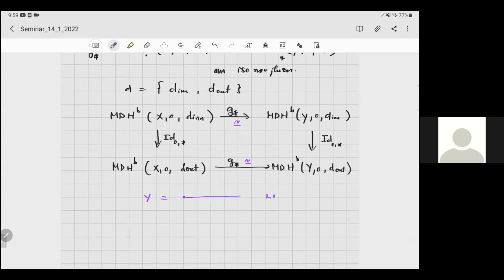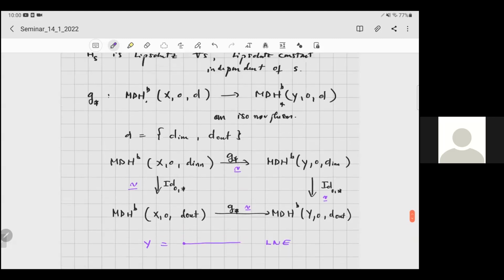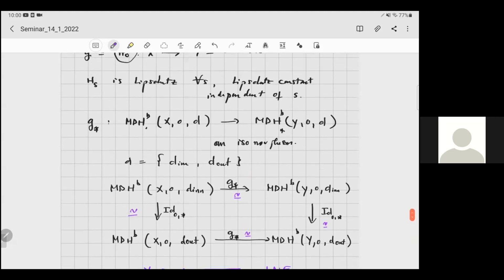This one is LNE because the inner metric and outer metric in this germ are the same. So we get this one is also an isomorphism. Because this diagram is commutative, finally we get this one is an isomorphism, and we finished proving the isomorphism at the origin.